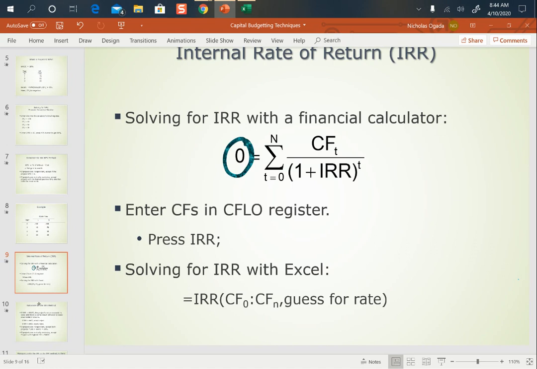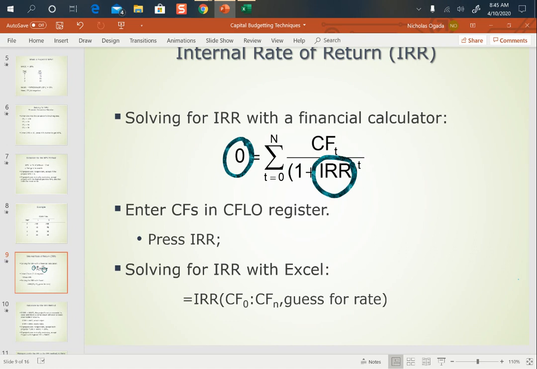So what is that return? What is that percent? This is what we are trying to determine: the percentage we could use to discount all the cash flows that makes the net present value equal to zero.